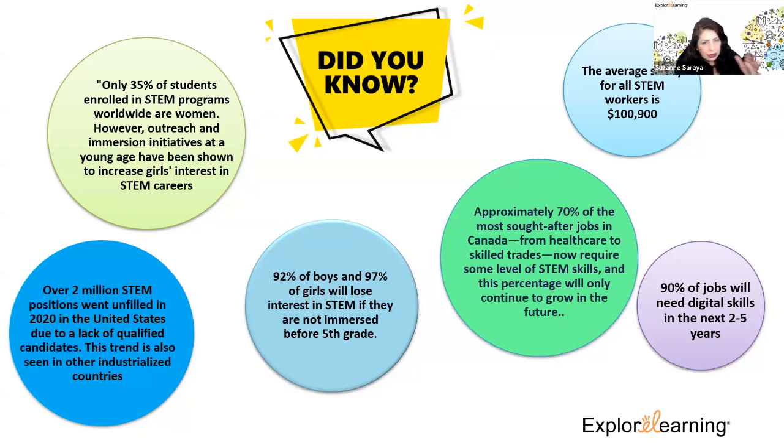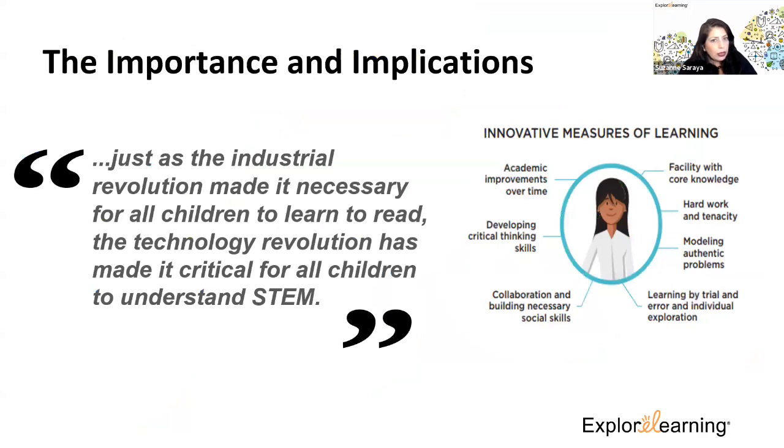After 5th grade, I'm not saying they're not going to be interested, but we truly need to get them in before. We know that each of you understands that today, more than ever, science and STEM education is critical. It's a must for all students so that they can develop those 21st century skills. And we want them to do it through authentic learning experiences, again keeping that real world approach.